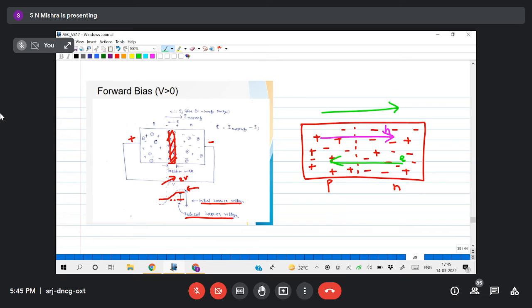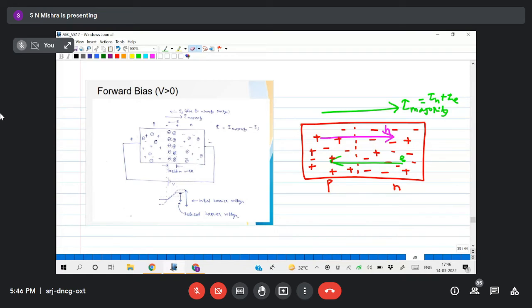What is the net current direction? The direction is P to N. So this is I majority, that is, I due to hole plus I due to electron, directed from P to N. Clear?